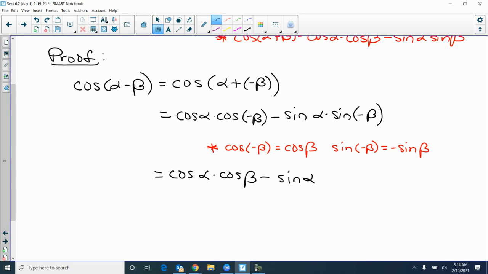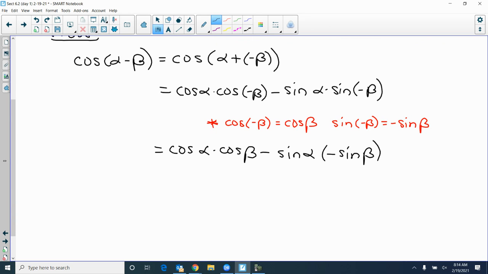Now do this for me. Sine of negative beta is the opposite of the sine of beta, so put that whole thing in parentheses so it doesn't look like you're subtracting, because we're not subtracting, you're multiplying it times a negative. Well, this becomes minus sine alpha times negative sine beta, so it's really like a negative times a negative, which becomes what? Positive.